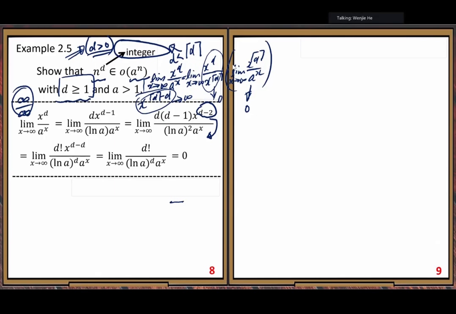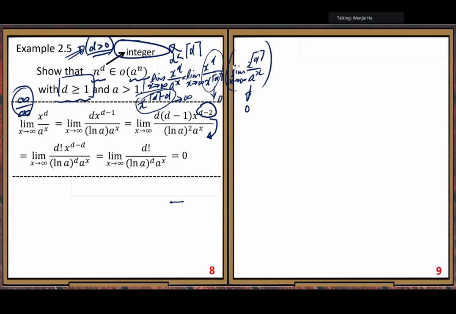Because the simplest cases, once proved, can be used as our starting point for other cases. Here, we just find an appropriate bridge to reach other cases. So that's example 2.5.